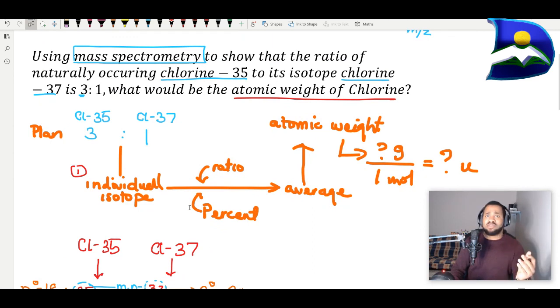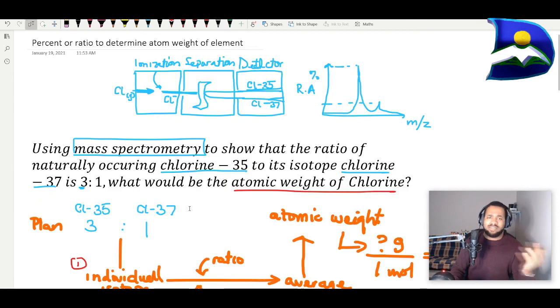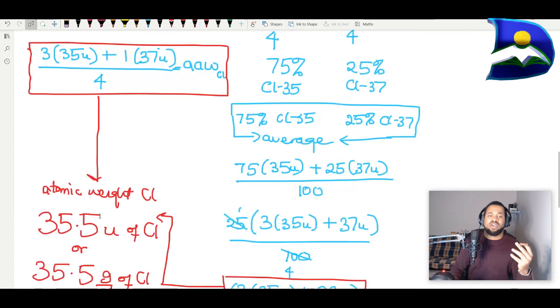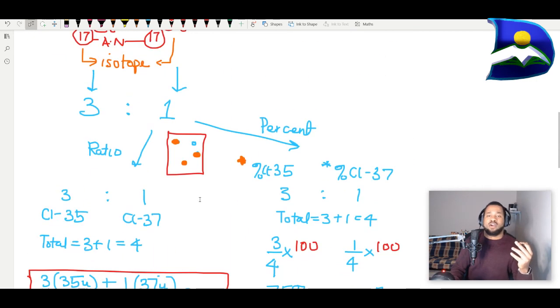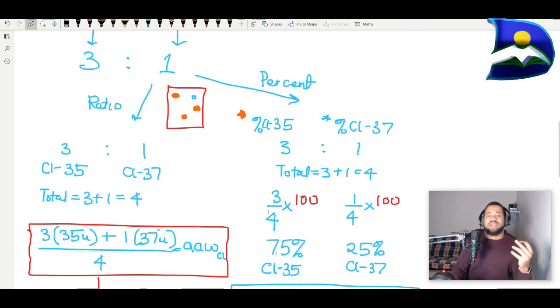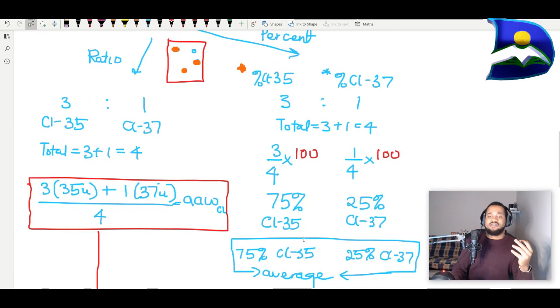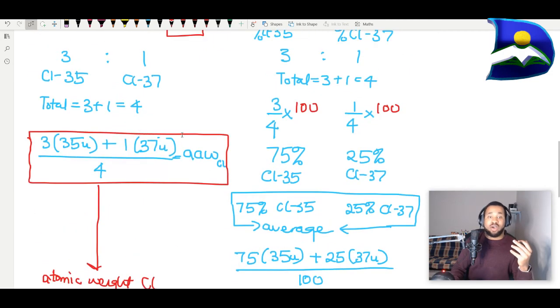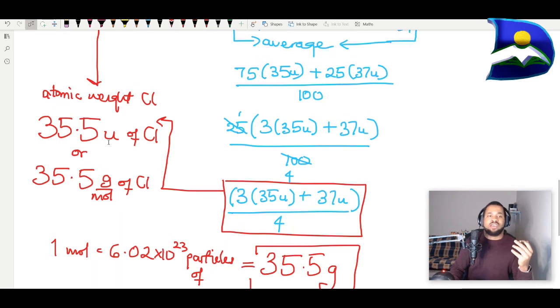There are way more isotopes of chlorine, but for this particular example, you're given the ratio and you're asked, hey, what is the atomic weight? So there are two ways to go about it. Either you use the ratio method, where you just get your answer directly, or you use the percent, where you go from ratio to percent, and from percent you get to the common expression that you will also get from the ratio method, and from there you'll be able to get your atomic weight for any specific element.